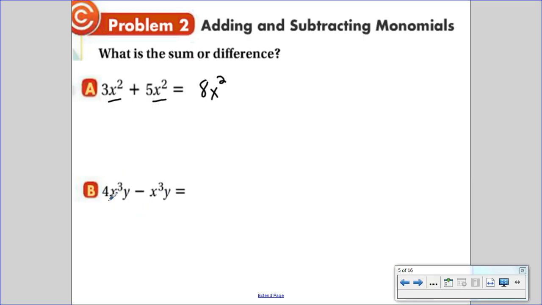Here, we have x cubed times y, and here we have x cubed times y. So since they're the same, we can combine the coefficients out front, which is 4 minus 1. There's a 1 right here. So that's 3x to the third y.